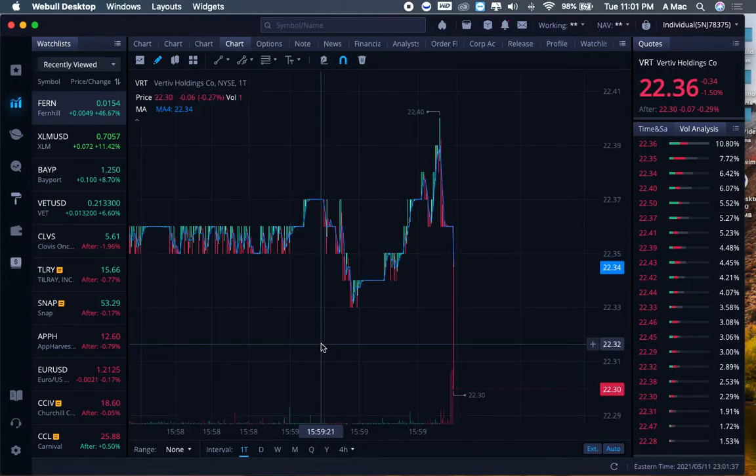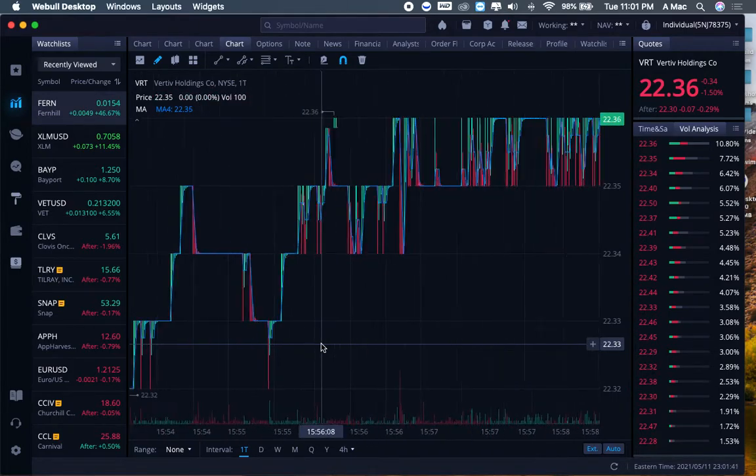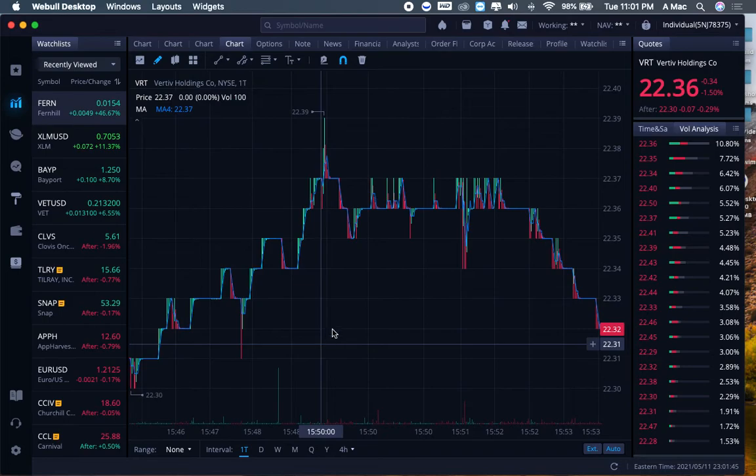And over here you can see where we can keep going back and back and back, and we can see where resistance and support were maintained. This is a significant number because of the amount of time this was a support.